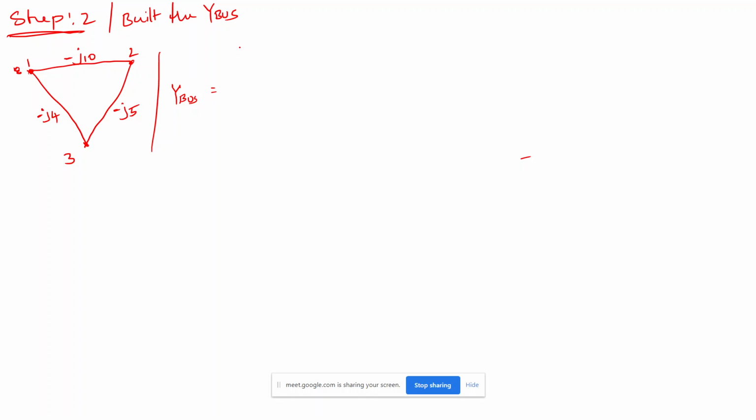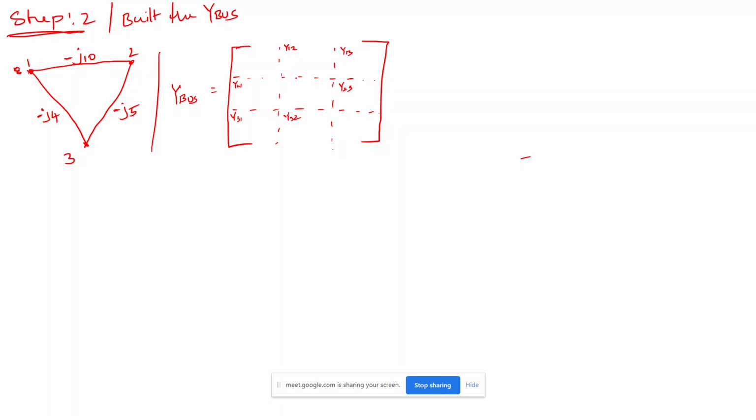If I want to find the Y bus, the size will be like this. I will get around 9 components here, and first I will fill the off-diagonal elements. So the off-diagonal elements are Y12, Y21, Y13, Y31, Y23, and Y32.